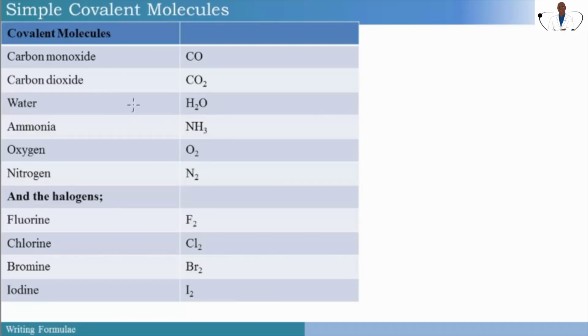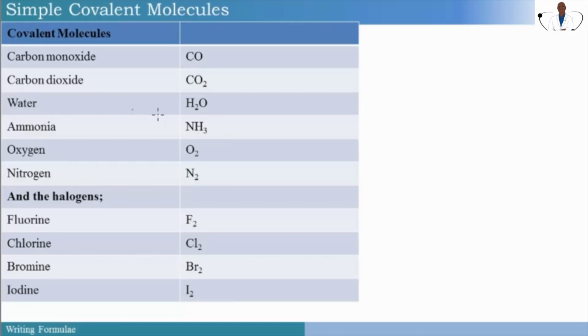So let's run through the examples here. Carbon monoxide, 1 carbon atom with 1 oxygen atom. Now remember that if you're simple covalent, you are not an ion. So it is a carbon atom with an oxygen atom. 1 carbon atom for carbon dioxide with 2 oxygen atoms.